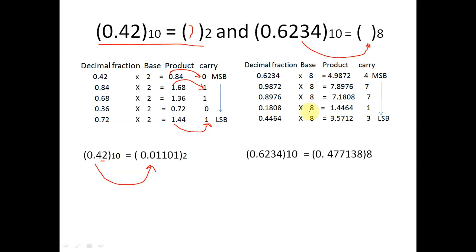0.1808 multiplied by 8 is equal to 1.4464. Here the carry part is 1. Now this fraction part 0.4464 multiplied by 8, then the answer is 3.5712.